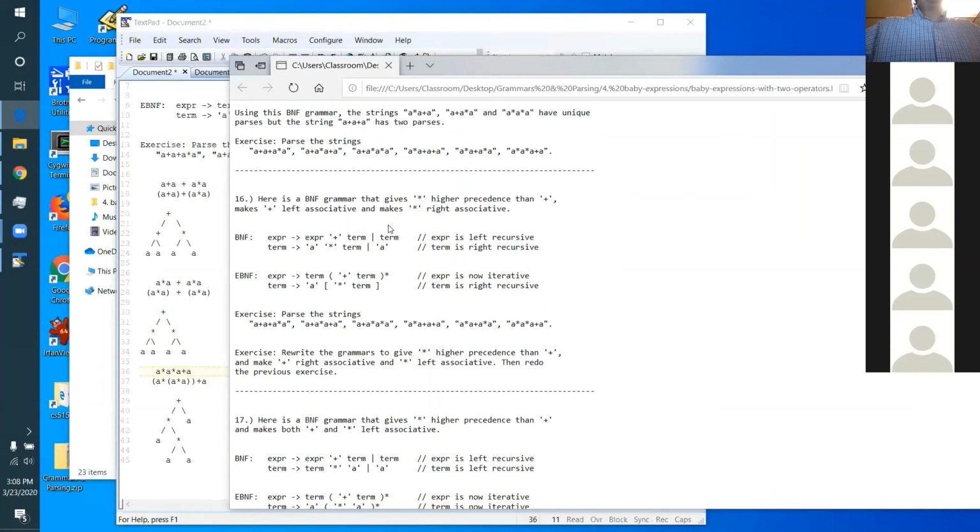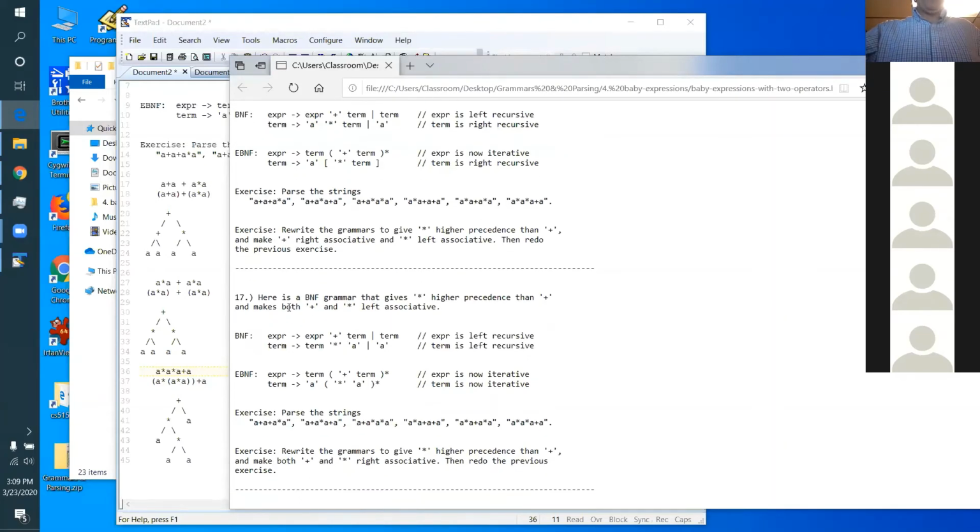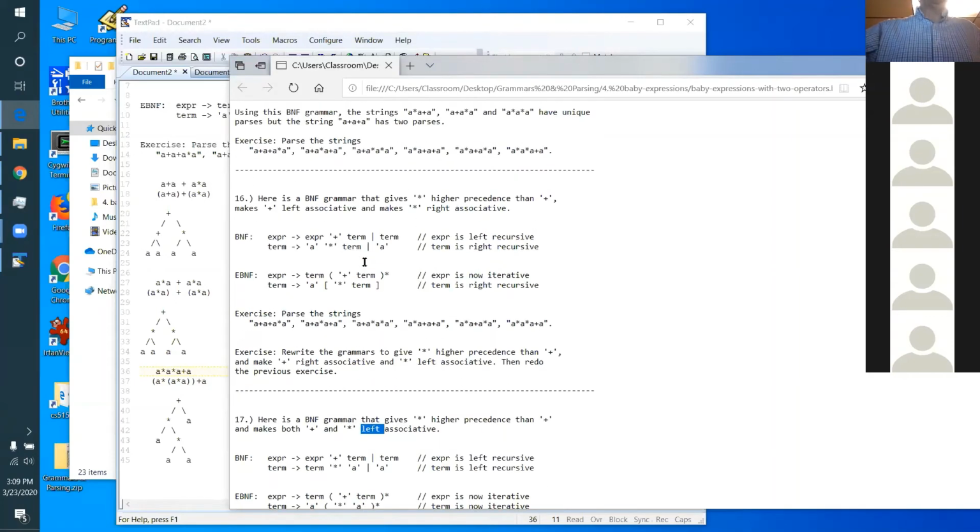Notice this one has left and this one has right. When they did not have different precedences, remember we couldn't do that. When two operators have the same precedence, you can't give them different associativities. But when they have different precedences, then they can get different associativities, or if you want, you can make them both left associative. But you have your choice. You can make one left associative, one right associative, or both left or both right.